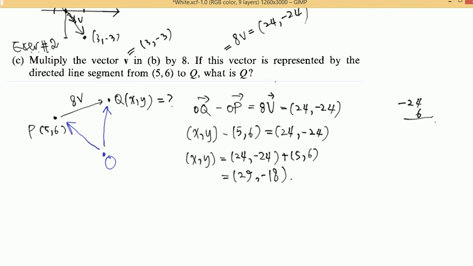Was that okay? I realize it is better just to add the vector on the other side rather than dealing with a separate equation.